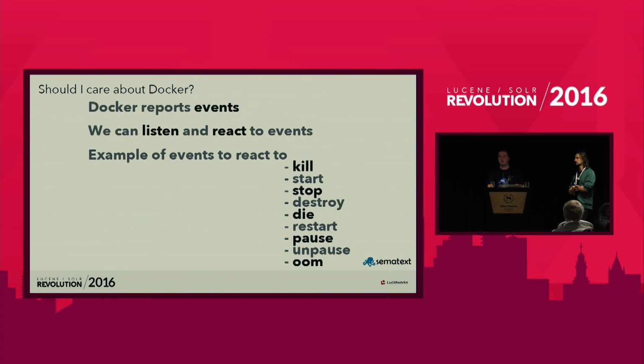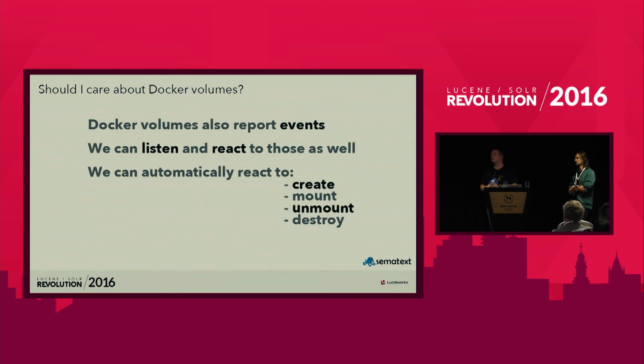The nice thing is that volumes also emit events. So if we see that some container died and it unmounted, for example, one of the replicas, we can automatically spin up a new container and reuse exactly the volume that was released and is now available, without having to re-index the data or replicate it. We just reuse the same volume. The key thing is Docker starts immediately, as we've seen, so it will be very quick for the container to be brought up.